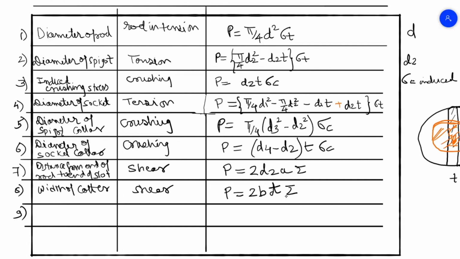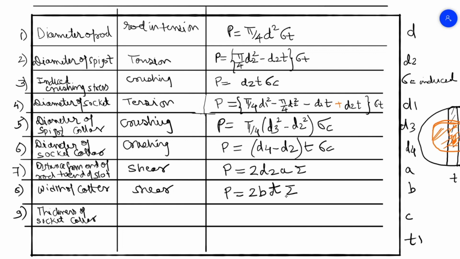Then we find c. So how do we find it? Here we have D1, then D3, here we get D4, and here we get a, then b, then c, and then t1. So what is c? It is the thickness of the socket collar.